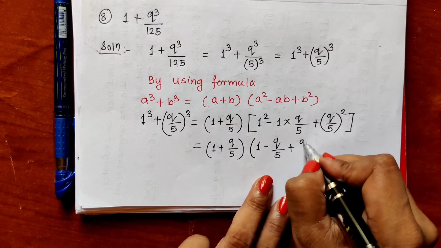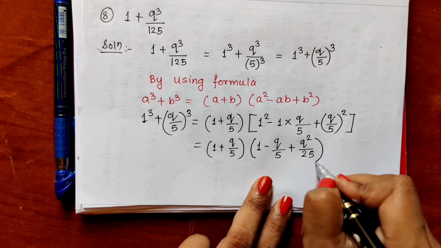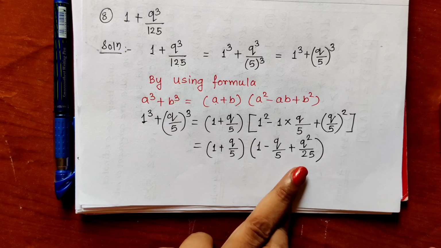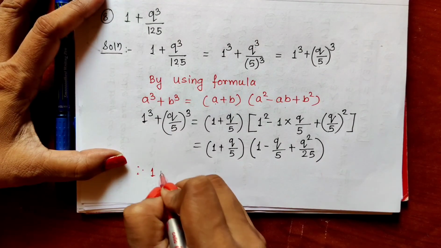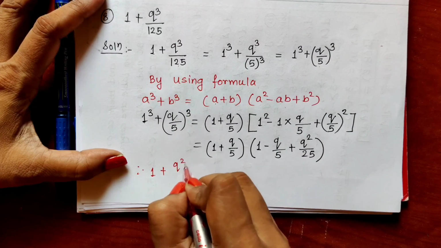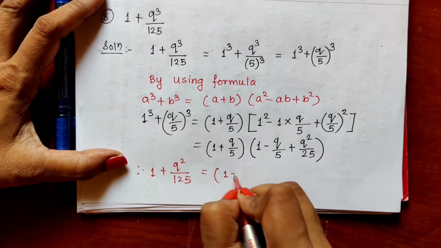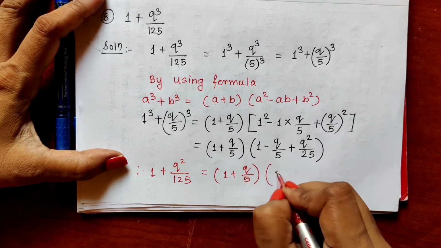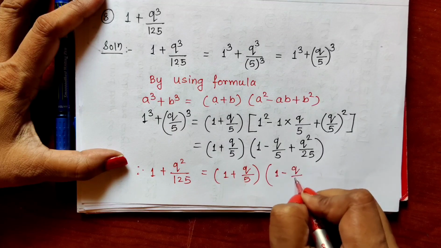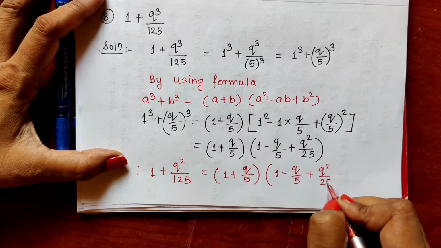Square of q is q square and square of 5 will be 25. So after this we cannot do anything. This is the answer. 1 plus q cube upon 125 is equal to 1 plus q upon 5 in first bracket. Second bracket 1 minus q upon 5 plus q square upon 25.